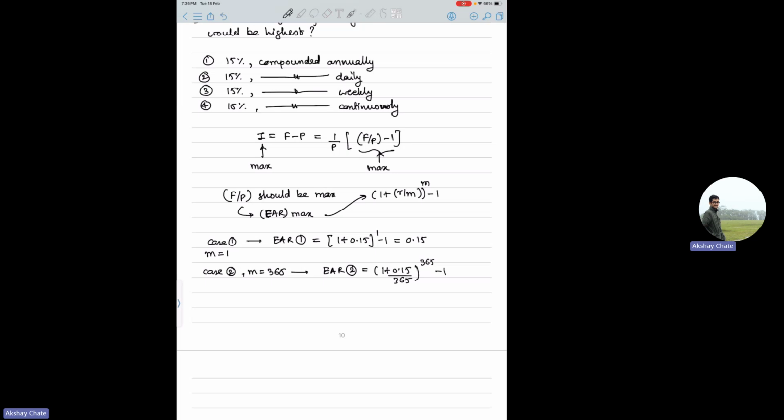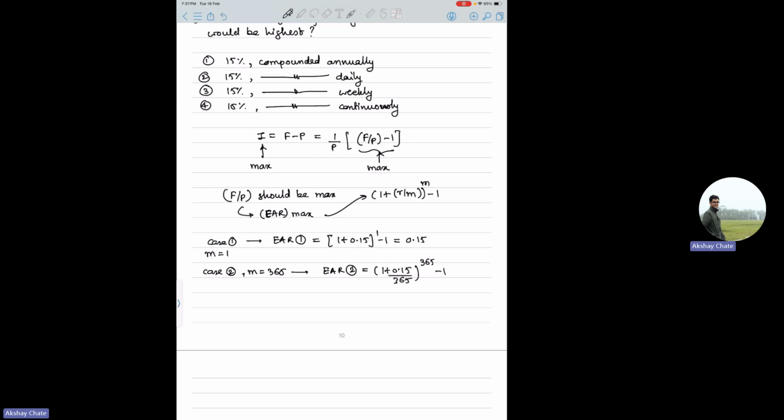So 1 plus 0.15 divided by 365, whole raised to 365, minus 1.